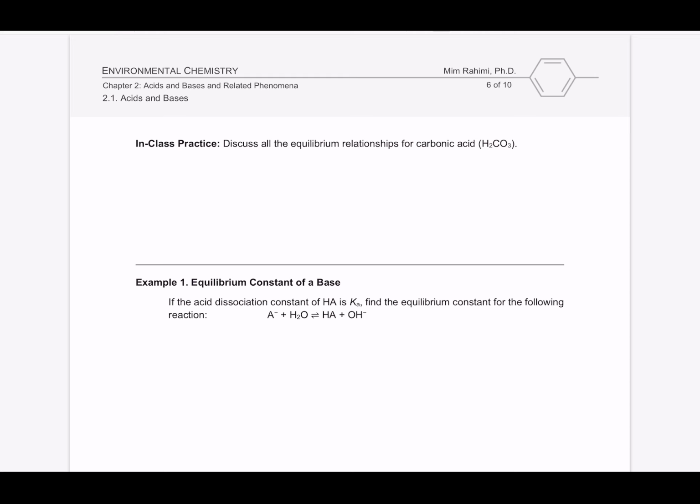So what is the dissociation reaction? H2CO3 going to HCO3 minus plus H plus. Exactly, one mole, written in the way that H plus is the product. The next one is HCO3 minus going to CO3 2 minus plus H plus. Exactly.